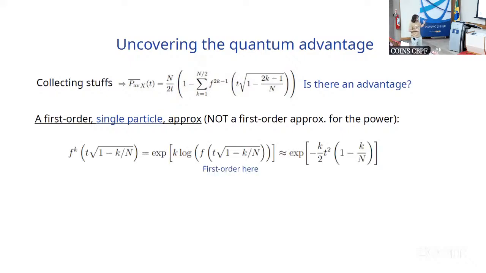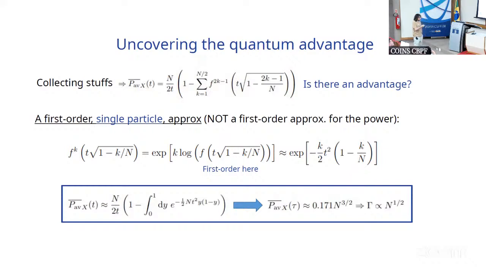So in practice, what he did was the following. He said, f to the power of k, this beast, can be written as exp of k log f, a triviality. And then he said, okay, let's now do a first order approximation at this level. You get this formula. Now this formula is manageable. You can compute. You get this expression.